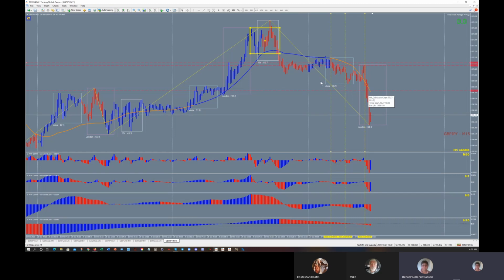Now, you're only risking 12 pips total for the three trades. I'm assuming you got in at the same point, but obviously you didn't. But from this one trade, you got your 36 pips. From this trade, you got 26 pips.